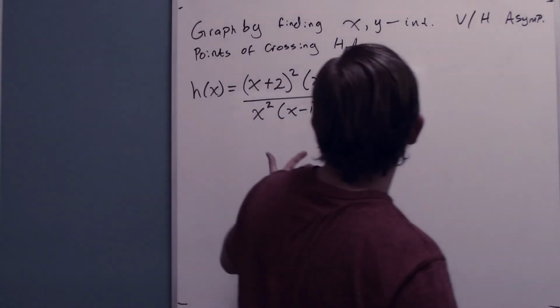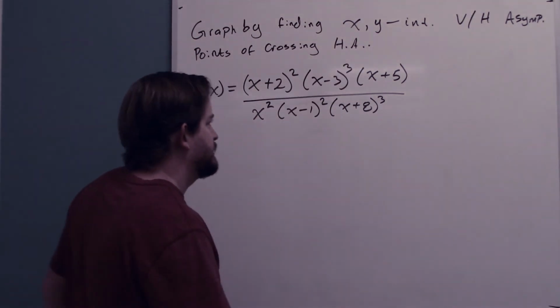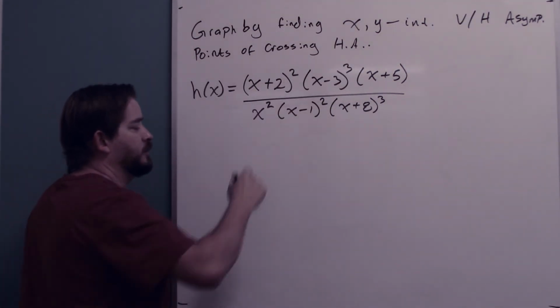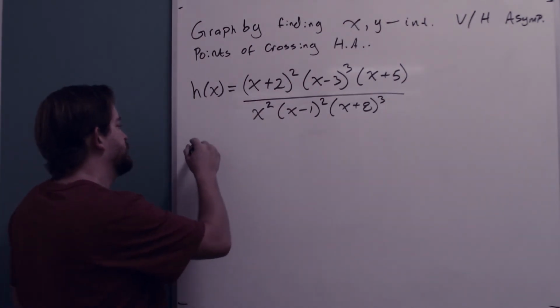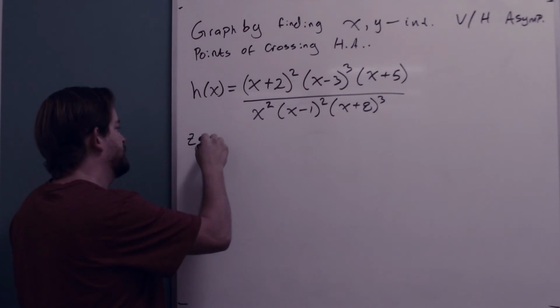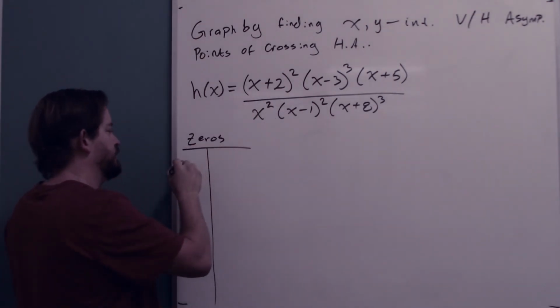So the first thing I want to do is find the zeros of this function, that is to find the x-intercepts, right? And the zeros happen when the numerator is 0, so that happens when x plus 2 is 0. So my zeros happen at negative 2.